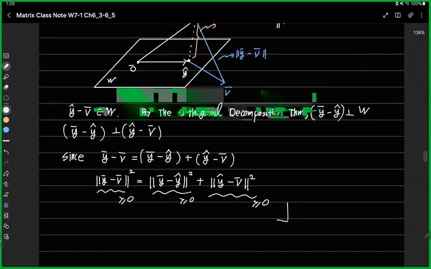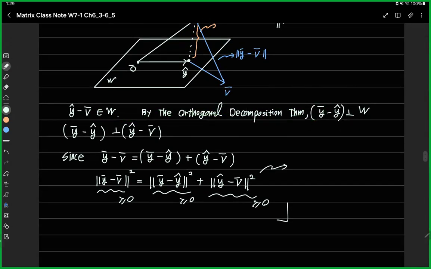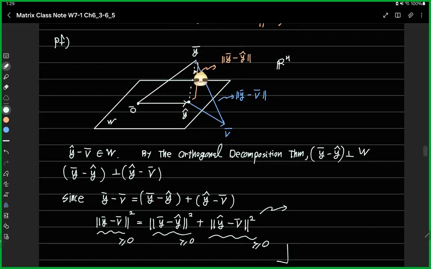But why is this the Pythagorean theorem? This is a general version of the Pythagorean theorem. Look at this, we've got a right triangle, kind of.